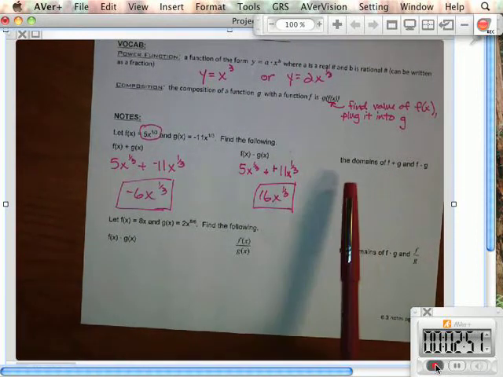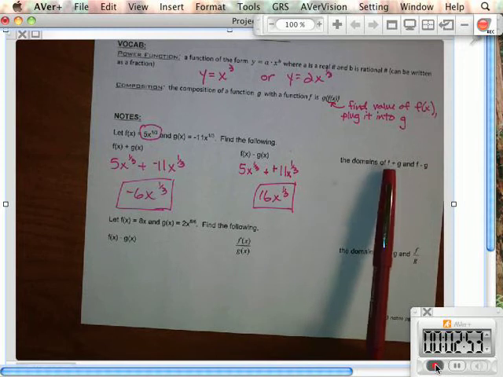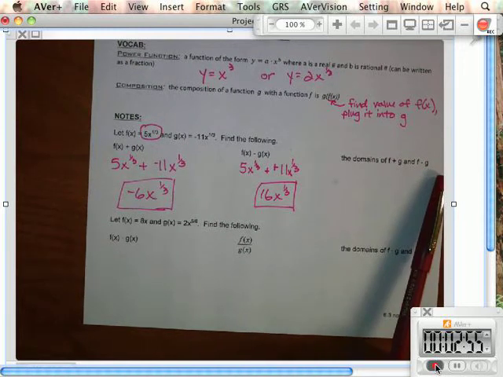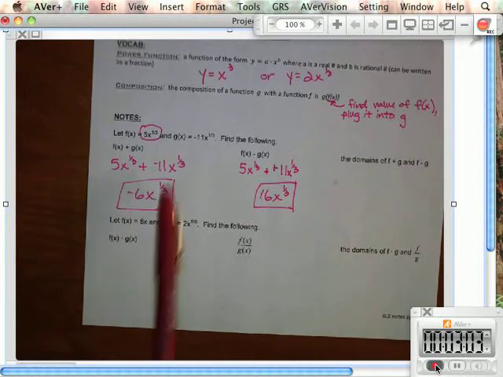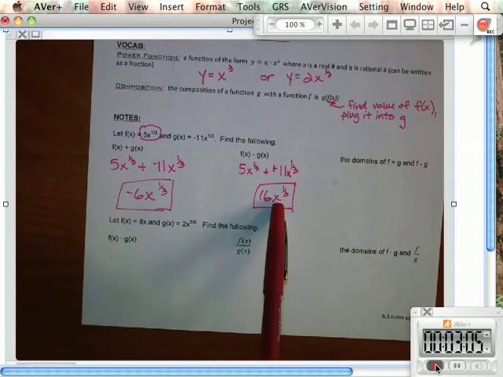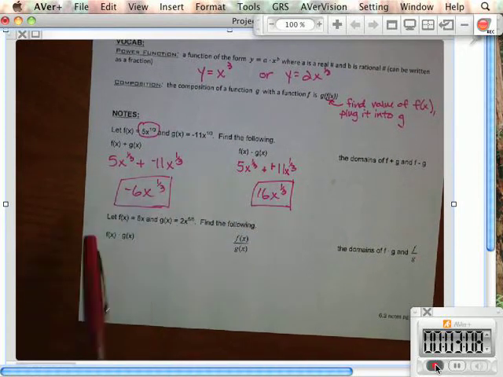It says find the domains. Give me the domains of f plus g and f minus g. Do you remember what domain is? Yes, it's anything that x could be in this function and anything that x could be in this function. So these aren't too bad, but let's go back and refresh our memory from chapter 5.